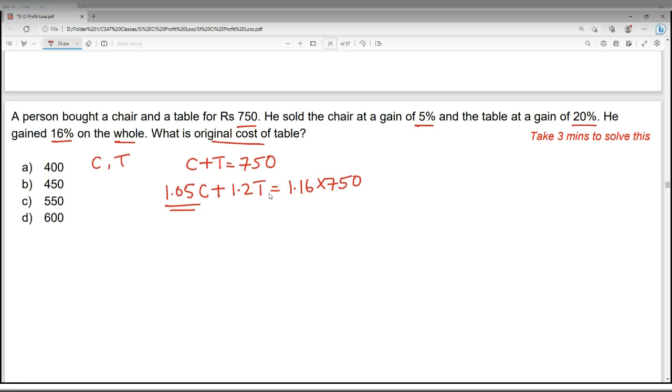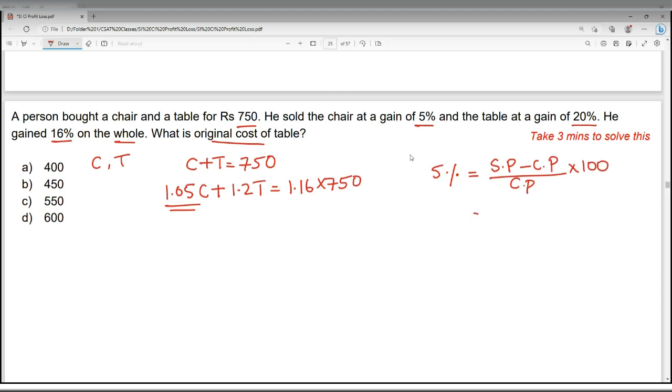They are saying that he sold the chair at a gain of 5%. So the gain was 5%, and this was equal to, we have the formula, selling price minus cost price divided by cost price into 100.